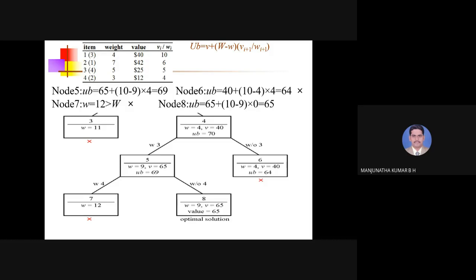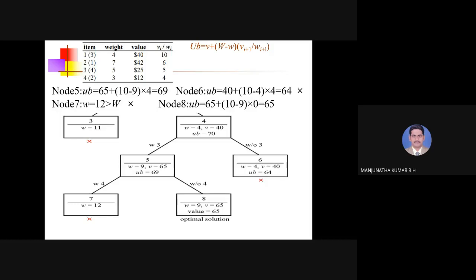Let me give the explanation again: 65 is the current profit plus the remaining capacity 10 minus 9 into the profit weight ratio of the next item. Since no more items are there, it is 0. So the value of node 8 is 65.